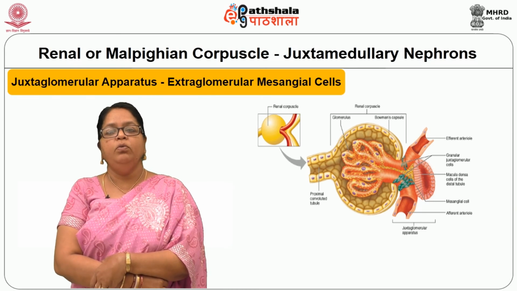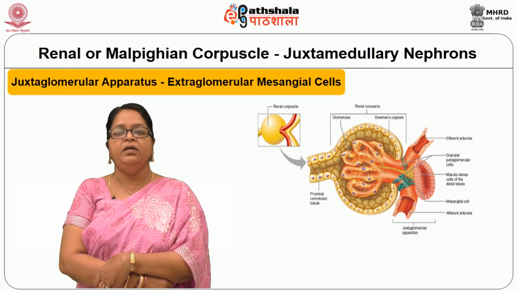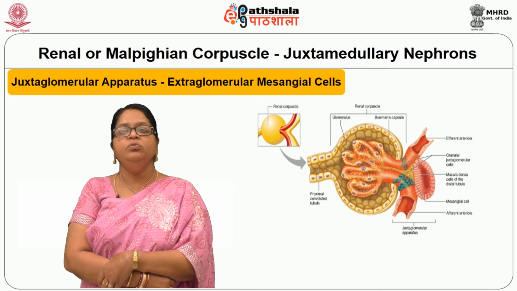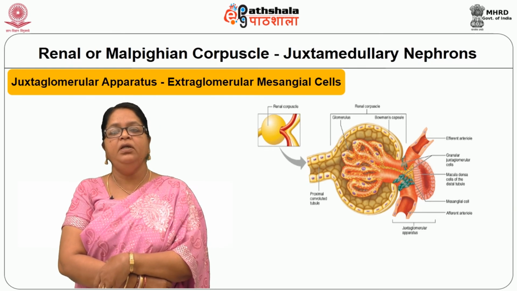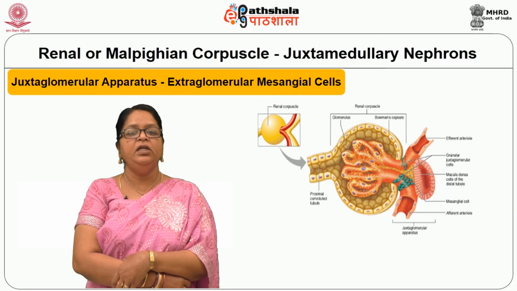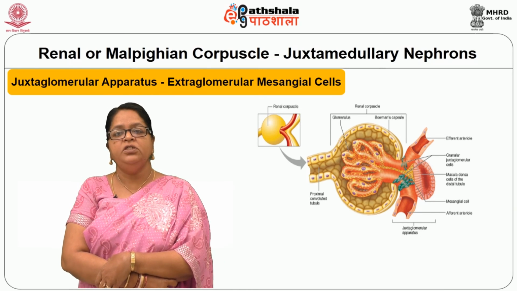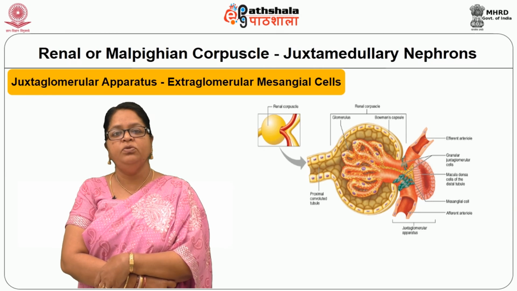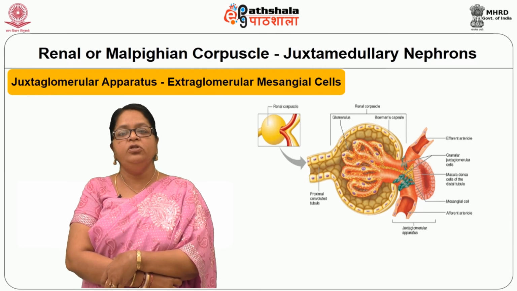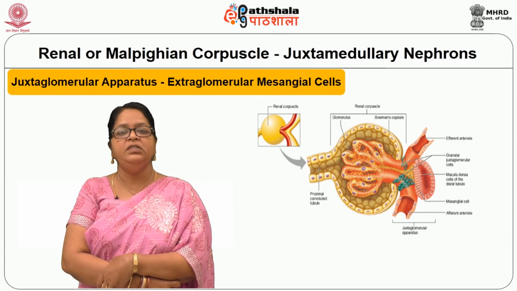Now you may wonder what Goormaghtigh cells are. They are modified smooth muscle cells primarily of the afferent arteriole of the renal glomerulus, discovered by Norbert Goormaghtigh, a Belgian physician, from 1890 to 1960. It is used synonymously with juxtaglomerular cells.